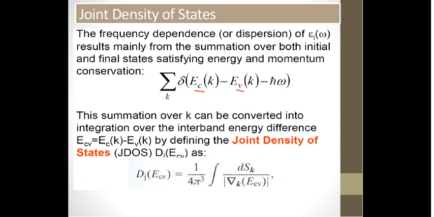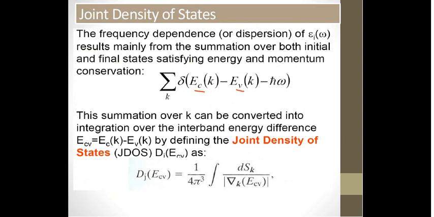So from this you can get the frequency dependence of this epsilon I, which gives the energy difference. The summation over k can be converted into integration over the interband energy difference. So within how much energy level the energy difference is there, ECV is given by EC of k minus EV of k, by defining the joint density of states.